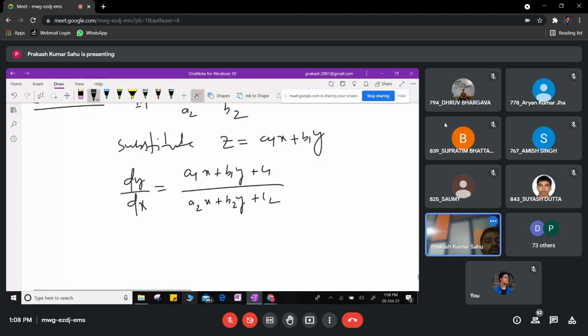Now if you substitute z is equal to a1x plus b1y, this differential equation becomes dy by dx is equal to z plus c1 divided by some constant k into z plus c2, because a2x plus b2y is some constant multiple of a1x plus b1y. So it is some constant into z plus c2.